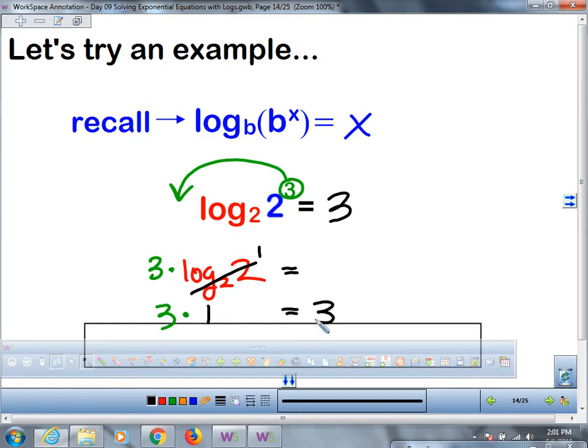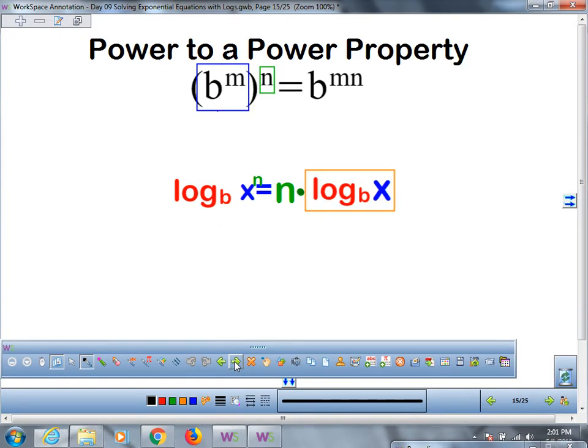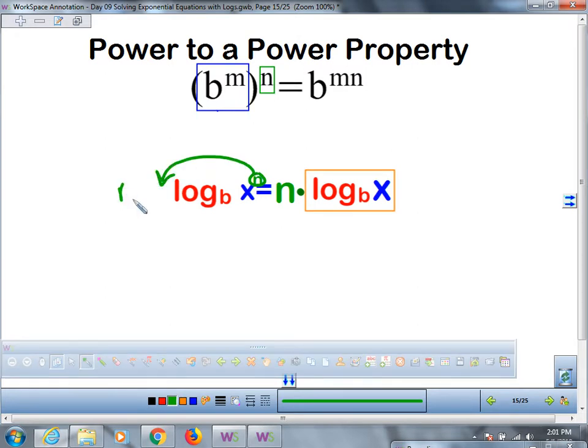What? The multiplication part's harder? No. Okay, so now we're going to use it all. So here's my power to a power property with logs. When I have m to the n, I just multiply my exponents. But now that I have logarithms, I bring the exponent out front and say it's being multiplied n times.